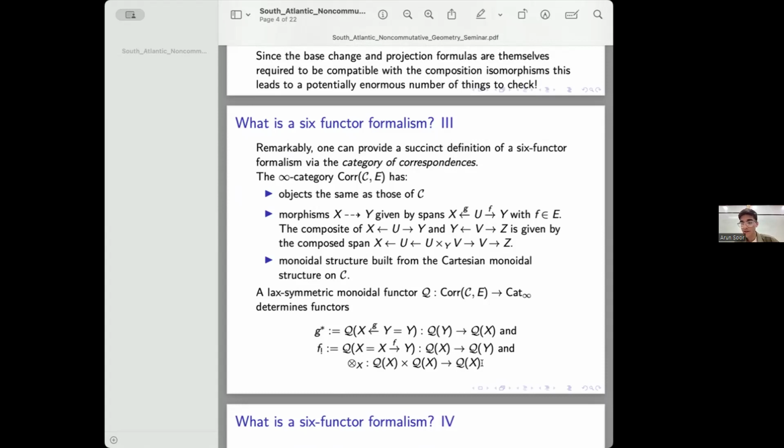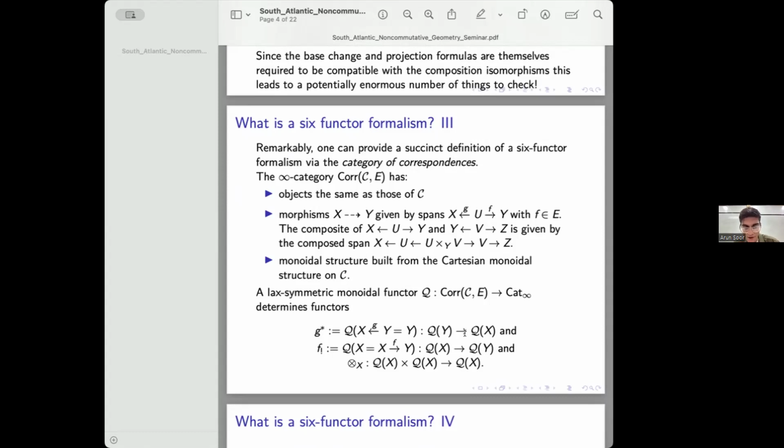Sorry, I interrupt you. In the category of correspondences, the map to which you apply Q in the first line, when you define G star, doesn't this go from X to Y? My problem is as follows. In the definition of G star, the thing to which you apply Q is a morphism from X to Y in the category of correspondences.